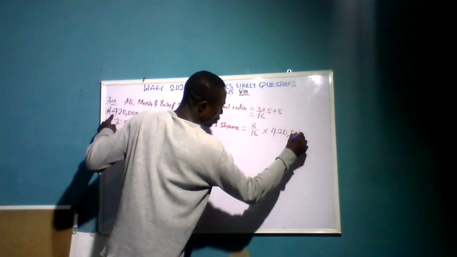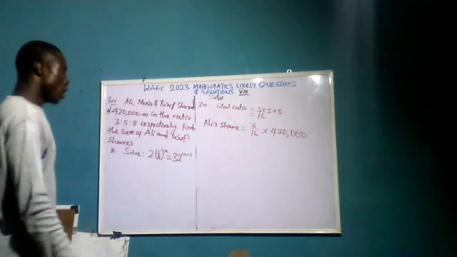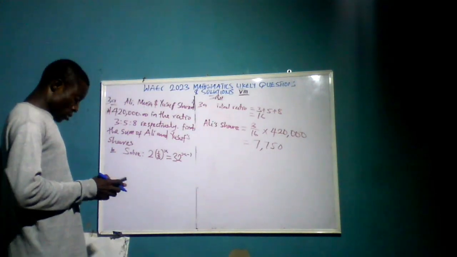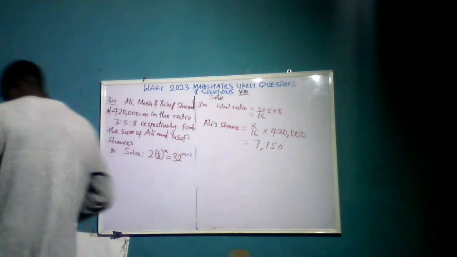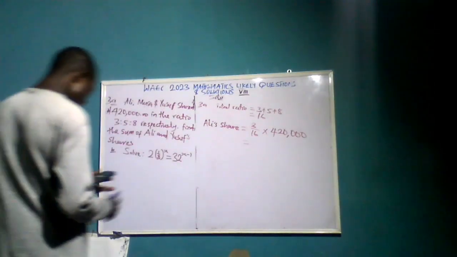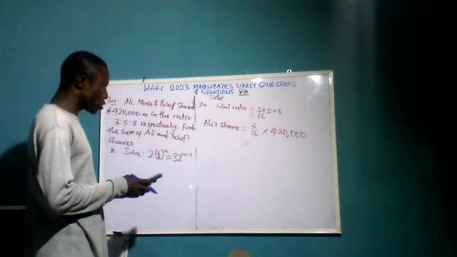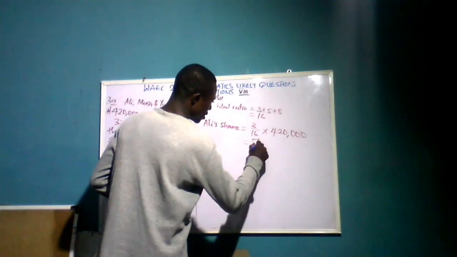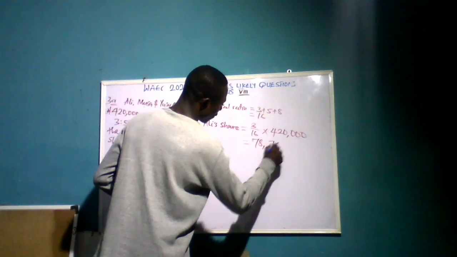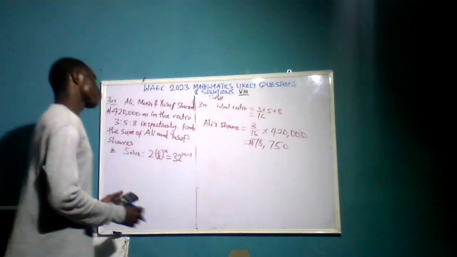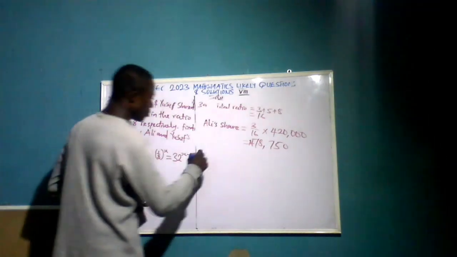Okay, and you have to use a calculator here. If you press your calculator to solve this, it will give you 78,750 naira.